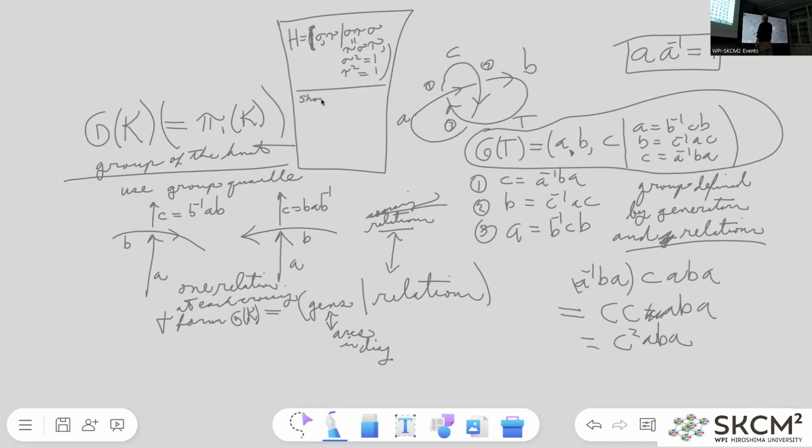Then H has 6 elements, and H is equivalent to the permutations of 3 things.